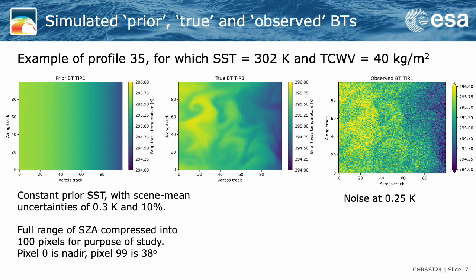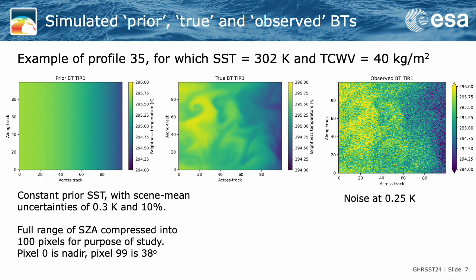For each profile across the scene, I simulate a prior, so an expected variation in brightness temperature, the true brightness temperature if we were able to observe it perfectly, and also observed brightness temperatures, which are brightness temperatures including calibration error and noise. And those are shown on these 3 diagrams here.